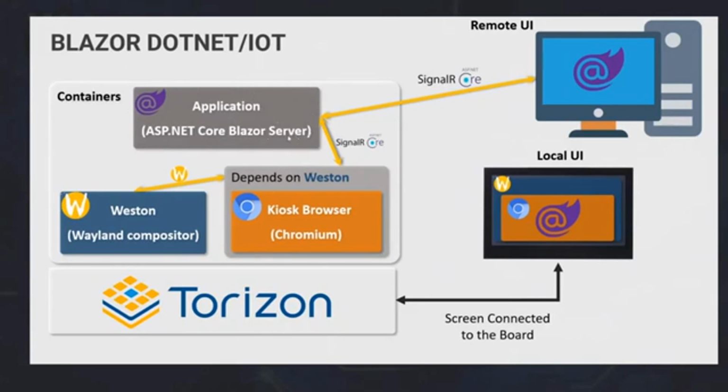And I can access this application on my local UI because this is connected on my device, and I can also connect in a remote UI if I open a browser and type the IP address of the device. I can access the same thing that I'm seeing on the local UI. I can exemplify this after.